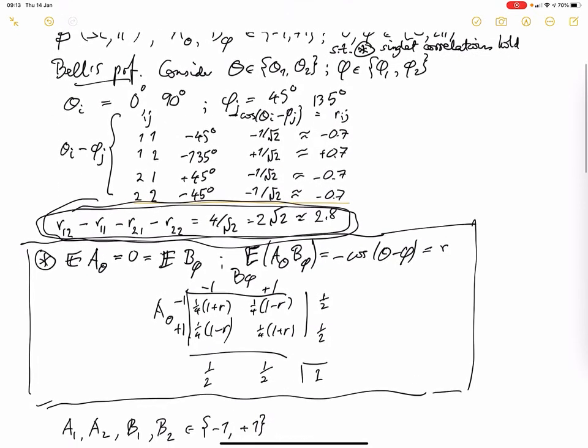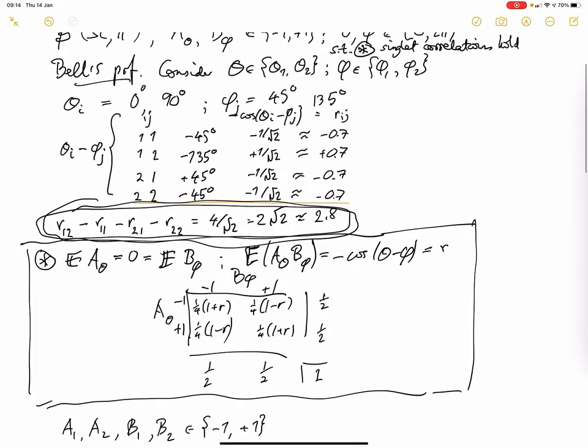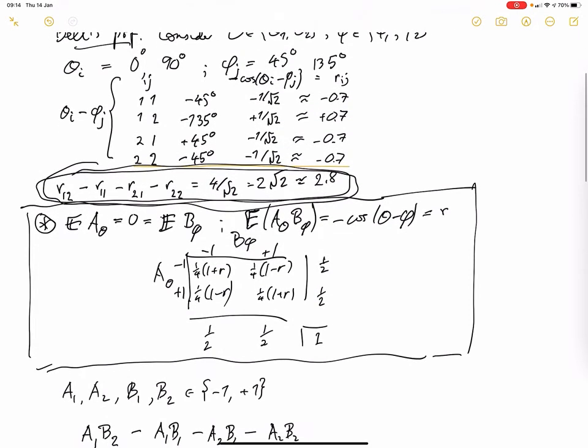There are random variables A subscript theta and B subscript phi. They take values plus or minus 1, and they have in pairs a certain joint probability distribution. The expectation of A theta is 0 for all theta. The expectation of B phi is 0 for all phi.